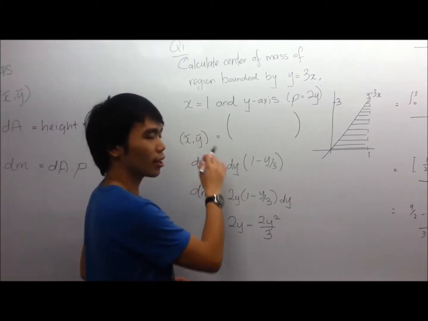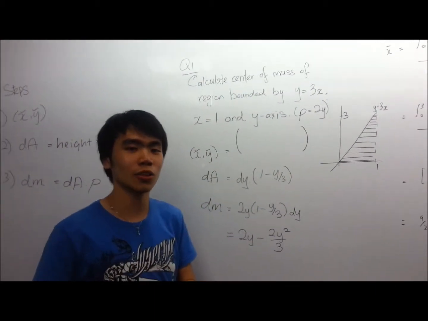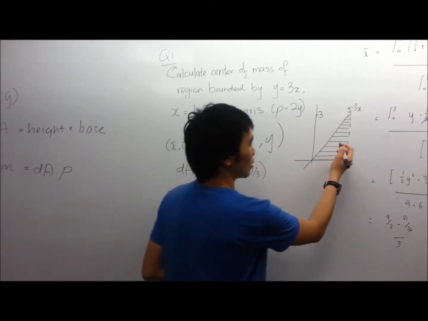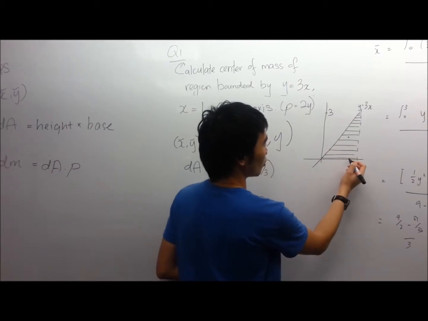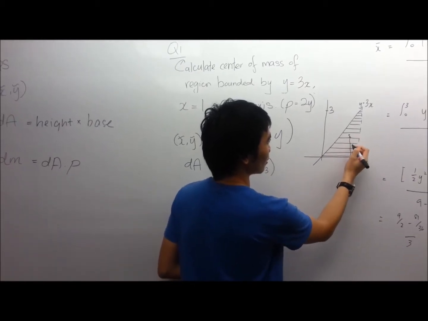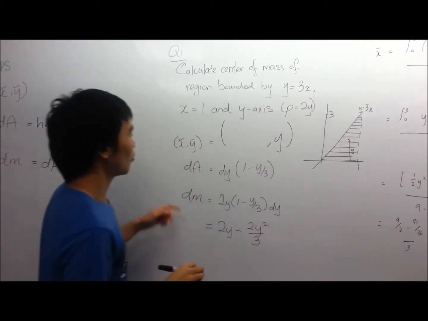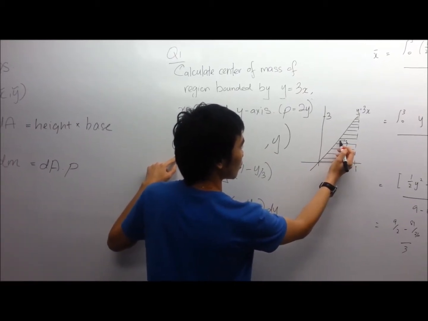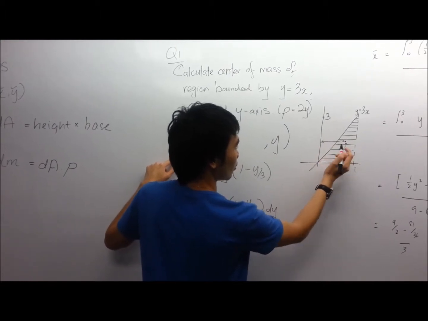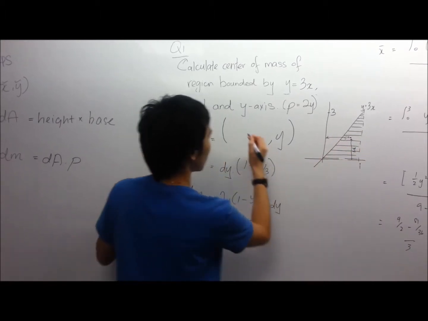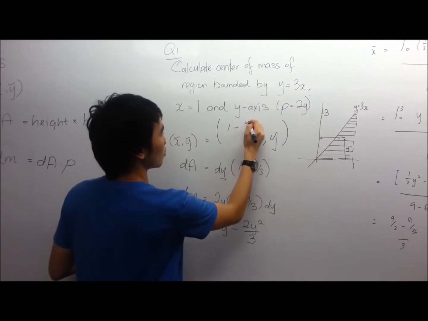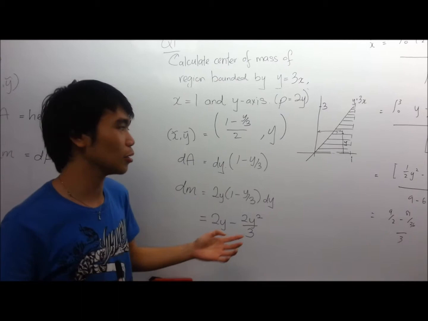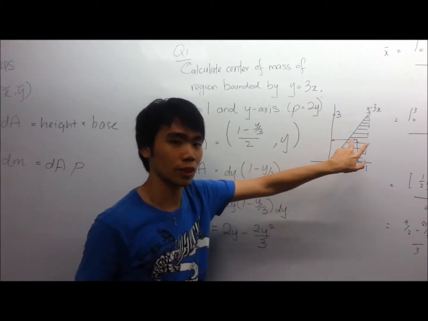In the horizontal method, y curl is always y, because, take this strip as an example, you just go directly up here. So this is y. While x curl is this whole part. To find it, it's 1 minus y over 3, divided by 2, which in other terms is actually the midpoint of this region.